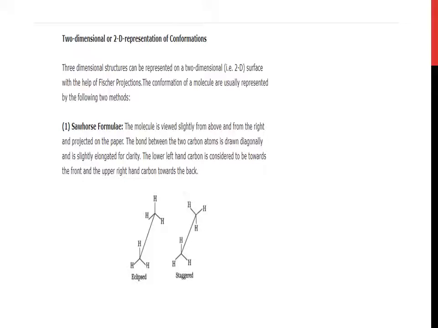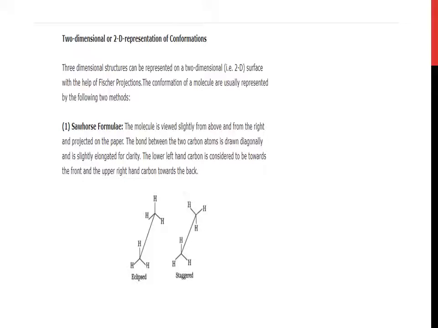The bond between the two carbon atoms is drawn diagonally and is slightly elongated for clarity. The lower left hand carbon is considered to be toward the front and the upper right hand carbon towards the back. It's shown on the screen, that is, one is eclipsed and the other is staggered.